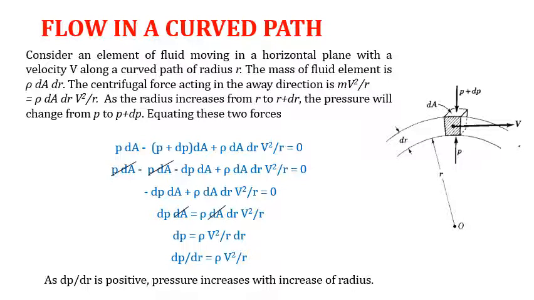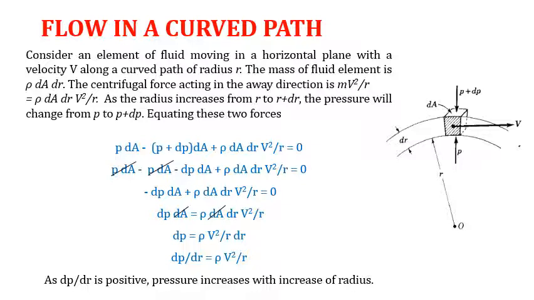And the centrifugal force is acting away from the center, so plus m, where mass is density into volume, rho into volume, and volume is dA, the cross-section area, into the thickness dr, times v square over r. Now if you open up these brackets and simplify, you can see PdA cancels out, plus minus, and if you rearrange the expression further, you get dP over dr is equal to rho v square over r.